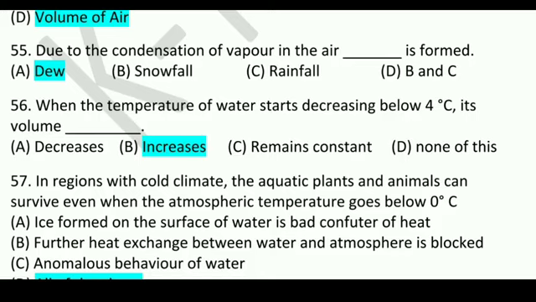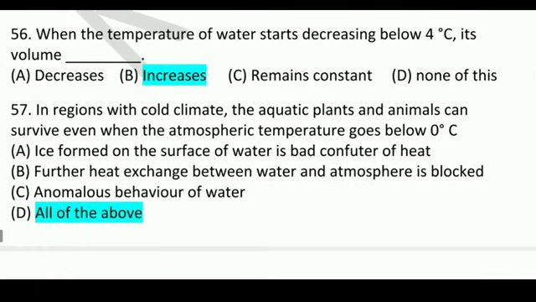Due to the condensation of vapor in the air, dash is formed. Correct. Dew is formed, right? Next question. When the temperature of water starts decreasing below 4 degrees Celsius, its volume dash. Yes, its volume increases.